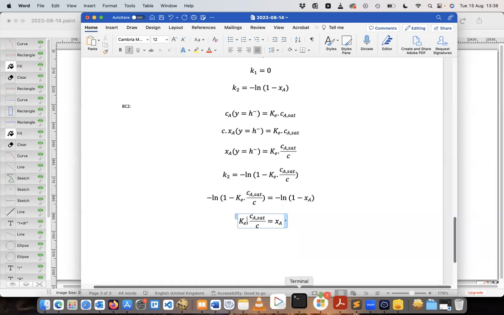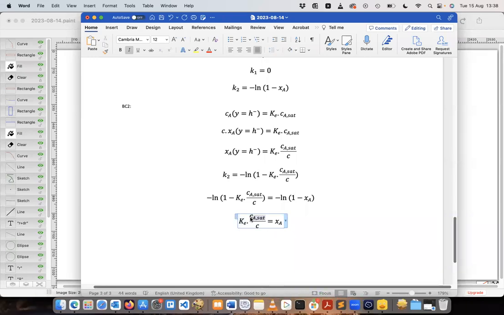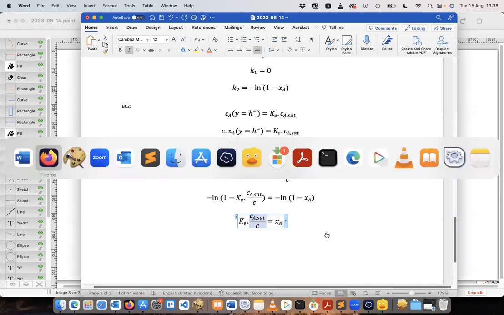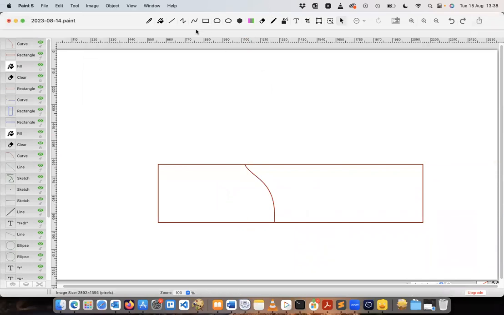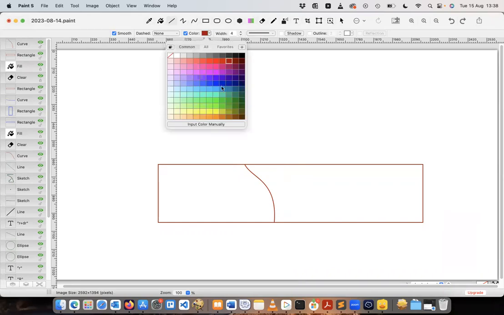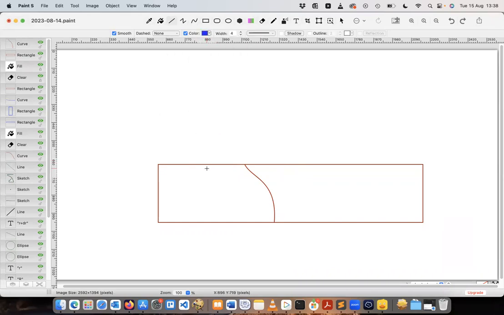It's going to be the concrete equivalent of the air's saturation concentration, right? And it's a constant. You can see it's not a function of y anywhere. So it's telling us that eventually our solution is going to be this, right? And I'm saying eventually because it's the steady state solution.